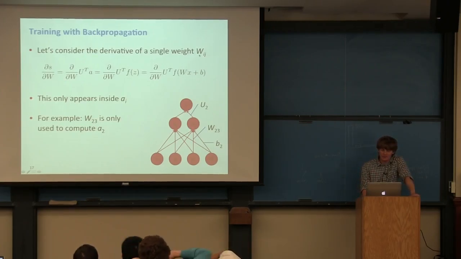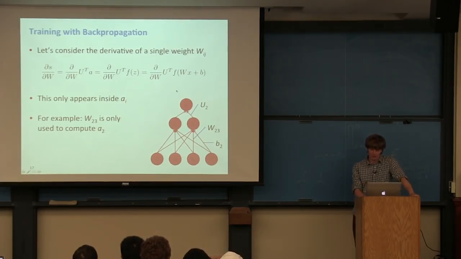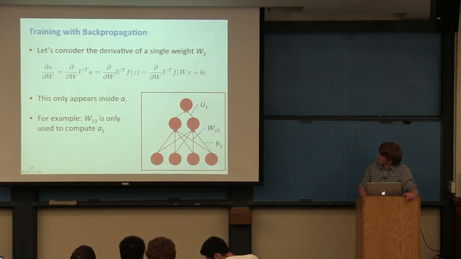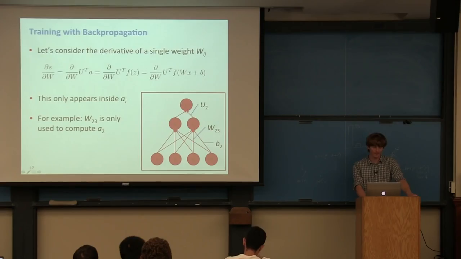And now the first thing we notice is that W_ij only appears in the computation of a_i, the ith element of the activation vector a. So we'll use for this illustration the following simple neural network, which only has 3 inputs x, a 2-dimensional hidden layer a, and 1 output u. So looking at W23, for instance, that really only appears in the computation of a2.